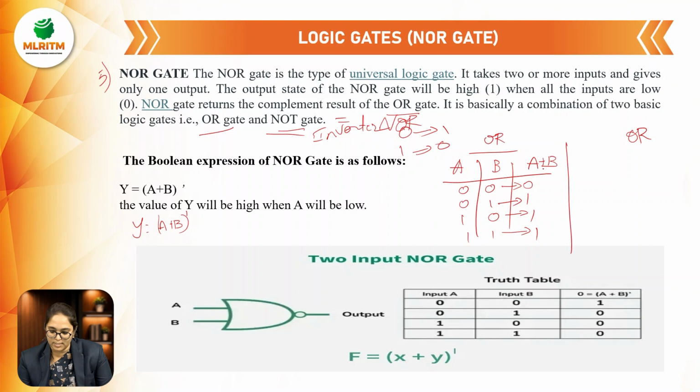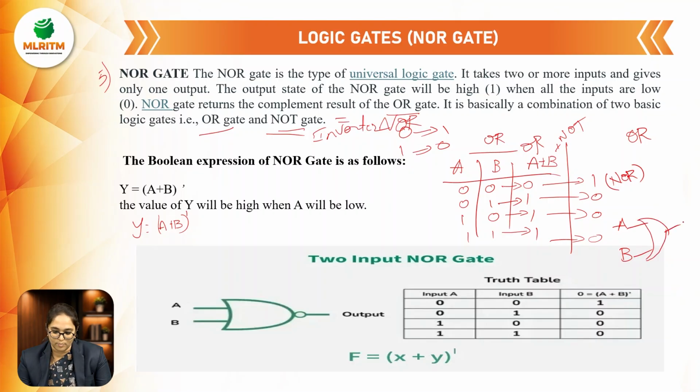So this is the OR gate classification. Now if you add a NOT gate to this, the result becomes 1 0 0 0. So this is the NOR gate. Now how will you write the Boolean expression? We have considered two inputs. The NOR gate symbol is in the form of a curve.